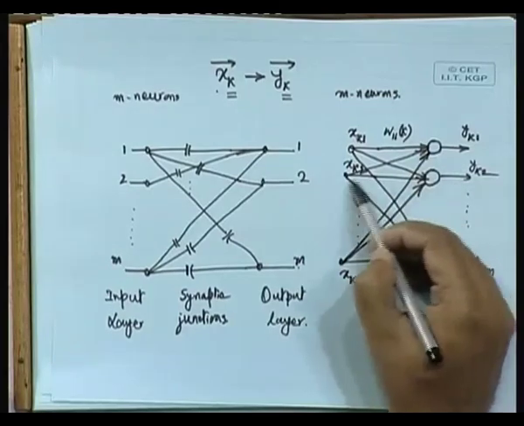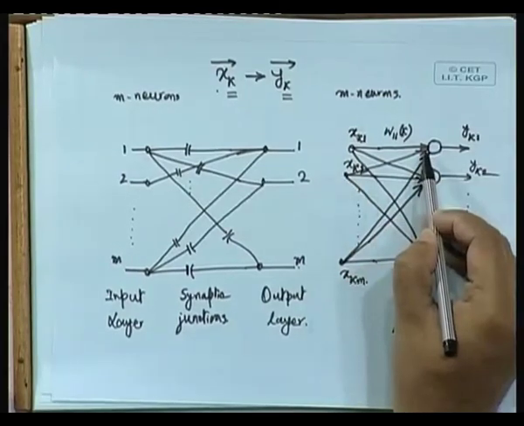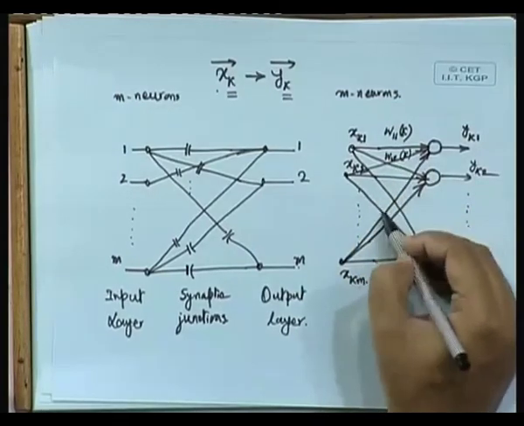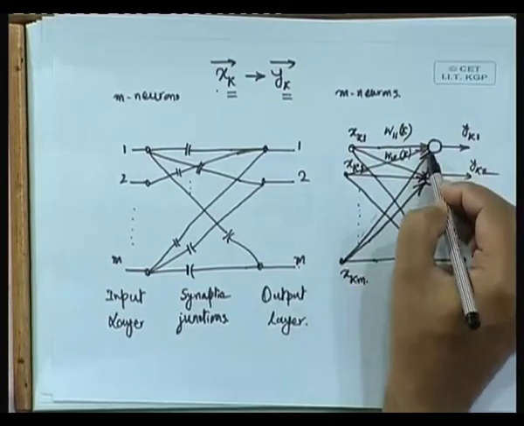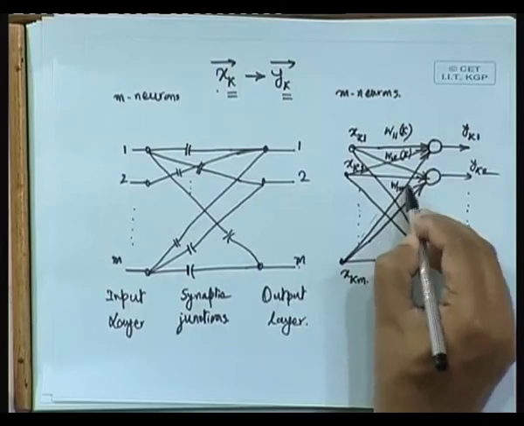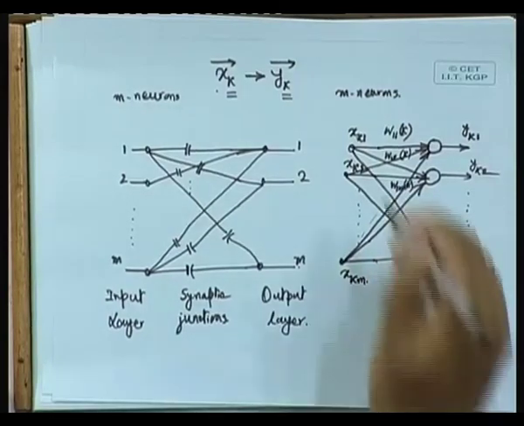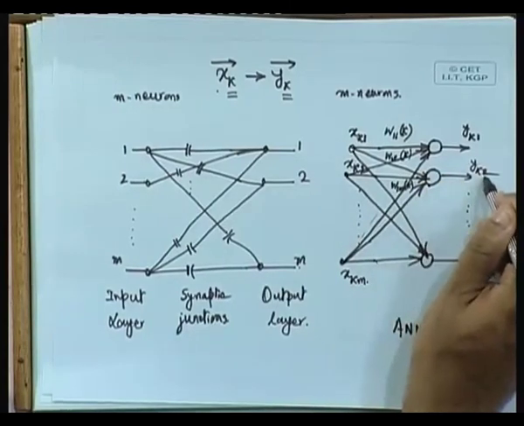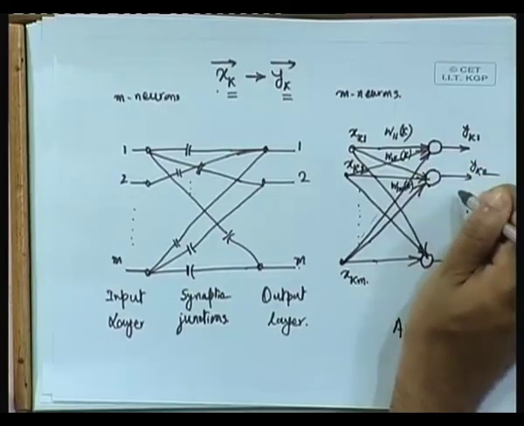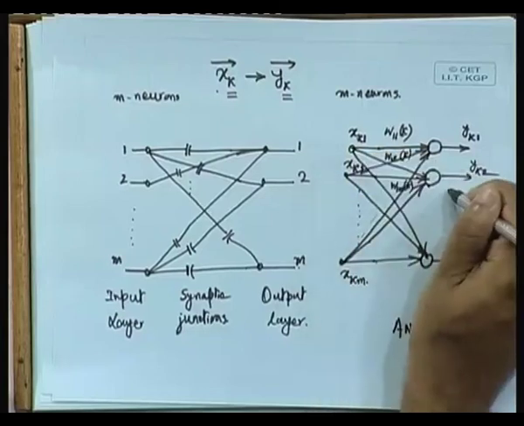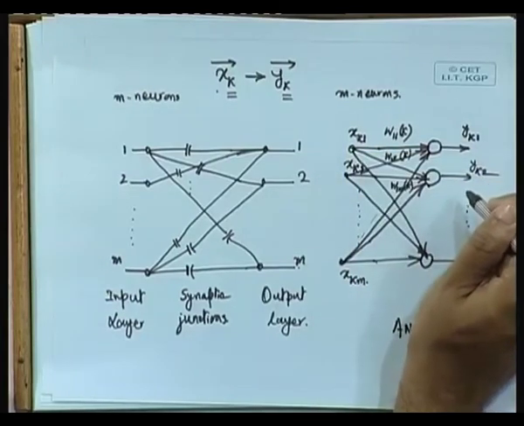What we will call this connection, that is xk2 to yk1, W12(k). Okay. So the connection from xkm to yk1 we will call W1m(k), right. And now going over to the second output neuron, that is output neuron number 2, the synaptic connection between x1 and y2 will be W21. Again within brackets we have to write k.